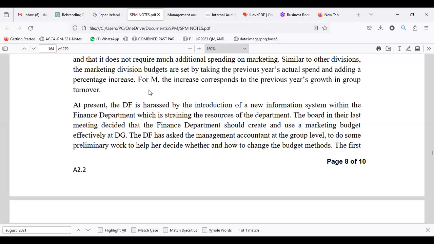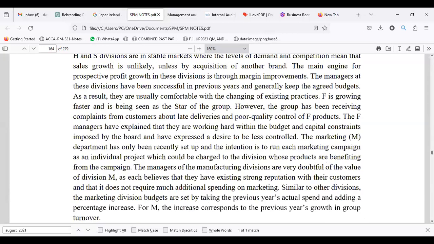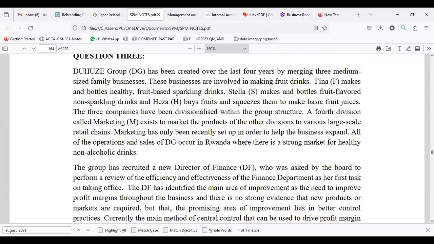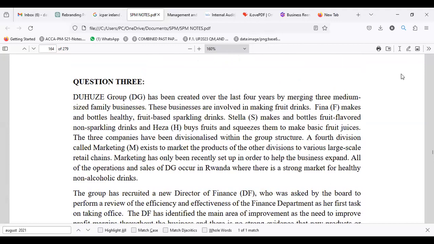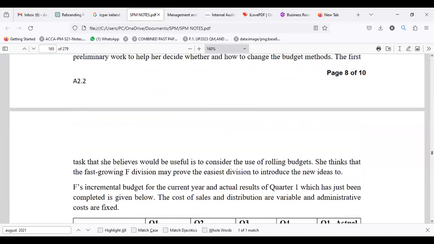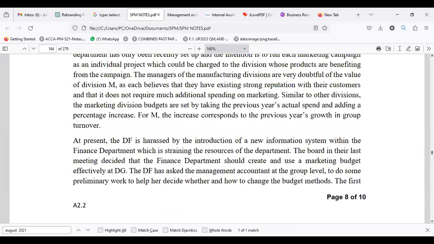The board in the last meeting decided that the Finance Department should create and use a marketing budget effectively at DG, something which is abbreviated there. I think if you check, it is somewhere up here where they introduced DG. Duheze. Is it a group? It is a company called Duheze Group, which is related to that. So DG is related to that. DF there is the Director of Finance.